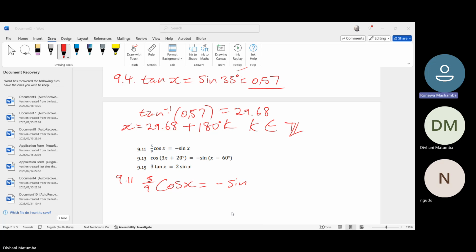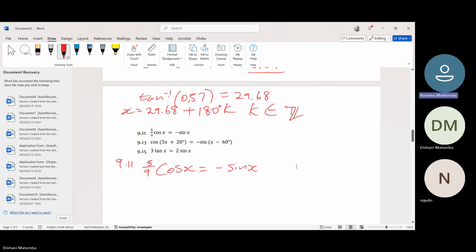So should we divide both sides by 5/9? If I divide by 5/9, I will have minus sine of x over 5/9.